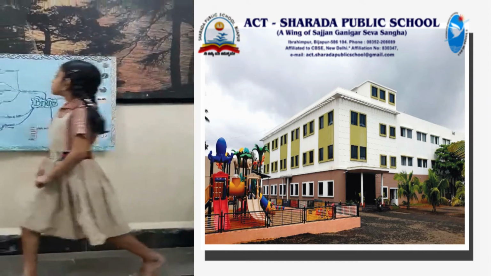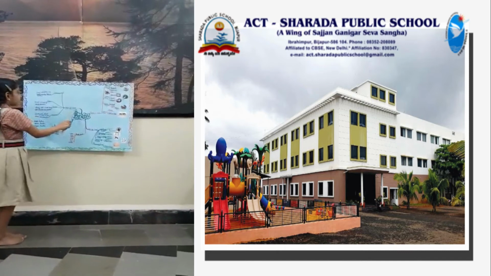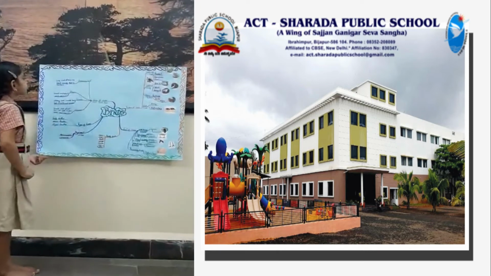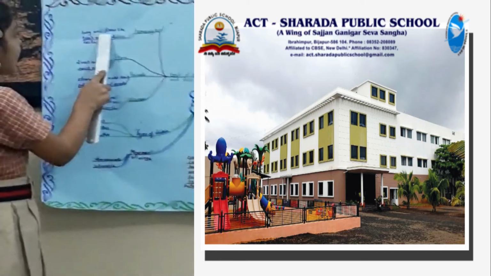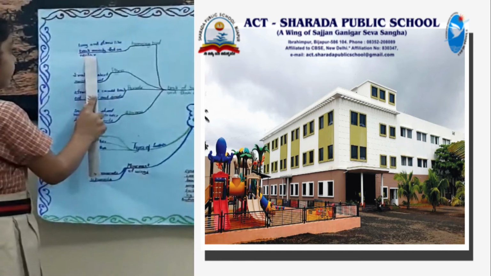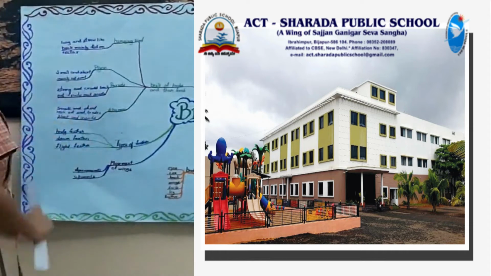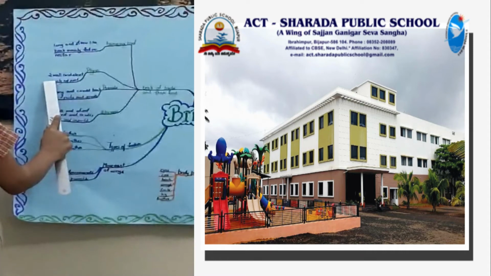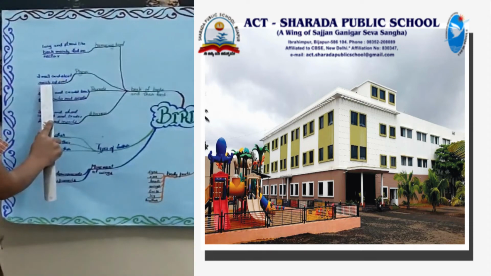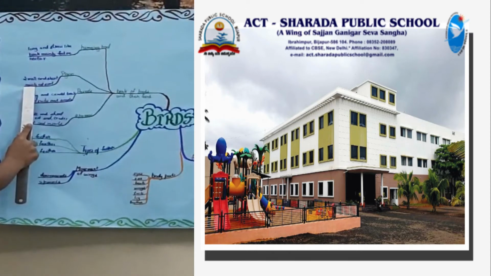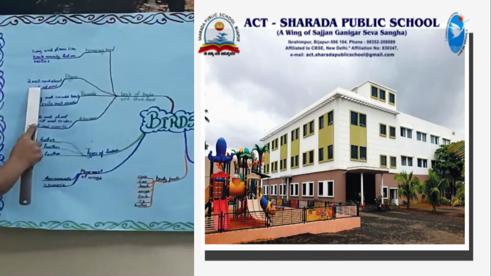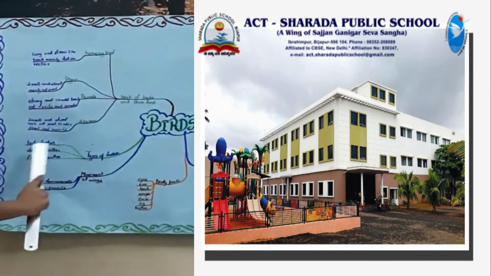Let's know about the beak of birds and their food. Hummingbird. Hummingbirds have a long and straw-like beak, and mainly feed on nectar. Pigeon. Pigeons have a short beak and mainly eat seeds.